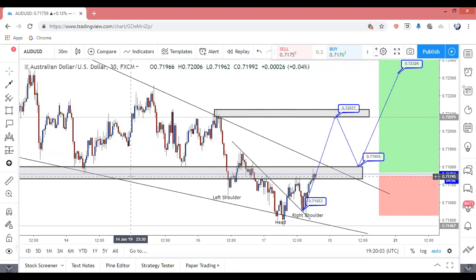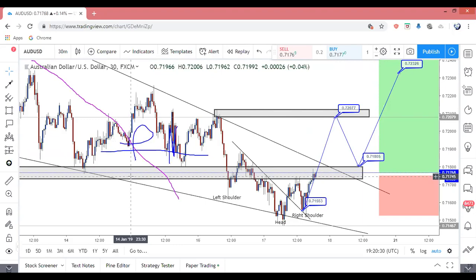Anyways, where's that other thingy? Blue one. Okay, it retested here. Retested because of this thingy here, right?